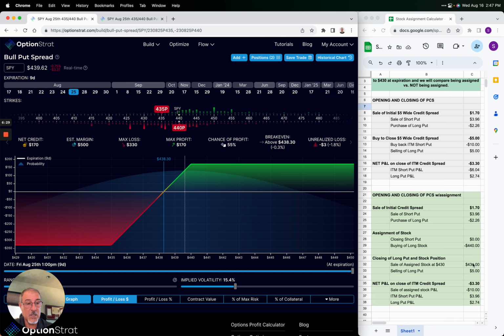with the exception of course, when you get assigned, you have to buy 100 shares at $440 per. That's $44,000. So that's the part that freaks everyone out. However, the way most brokers do it, and I urge you to contact your broker and ask them about this, what they will do is they'll put that stock to you at $44,000, and then if you don't have that money in your account to cover that very same day that they assign you, they will give you what's called a margin call.